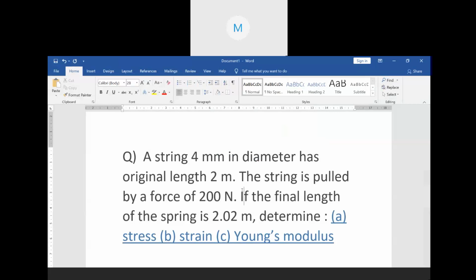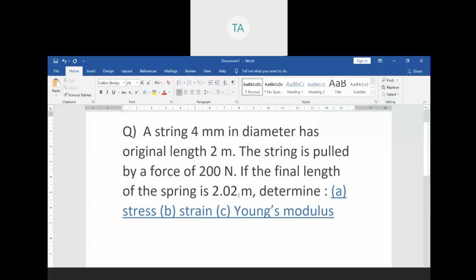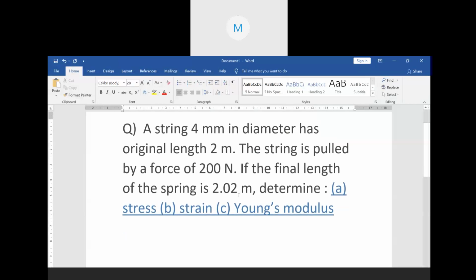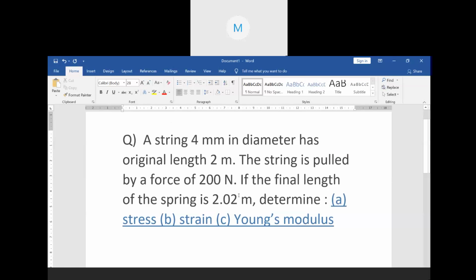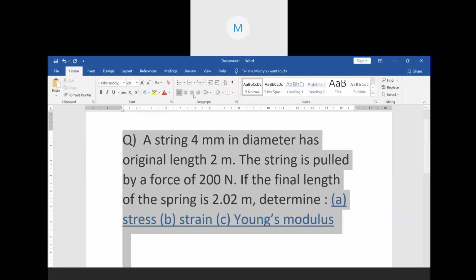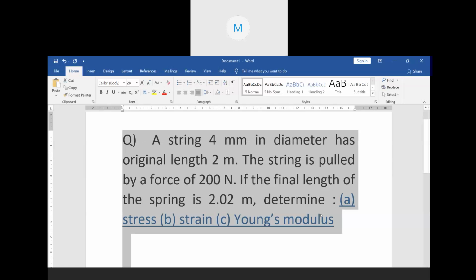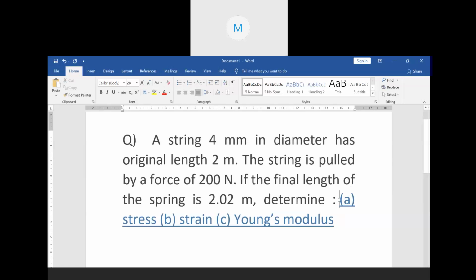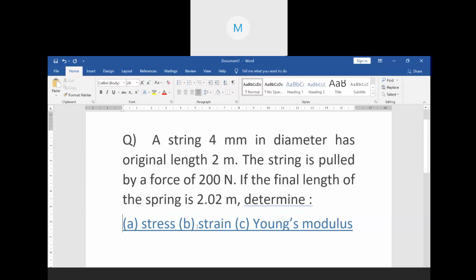Yes, sir. So try it out and give me the answers. You have to solve this numerical. Did you bring your copies and all? Try solving the numerical.